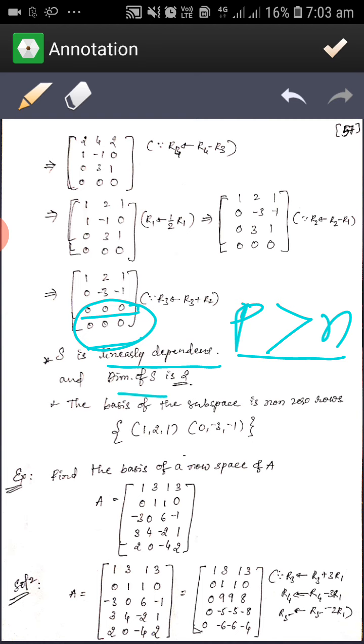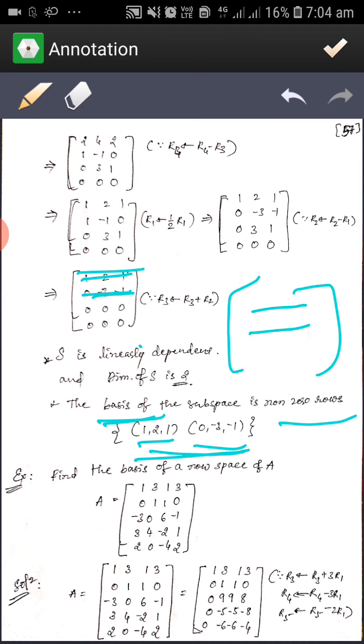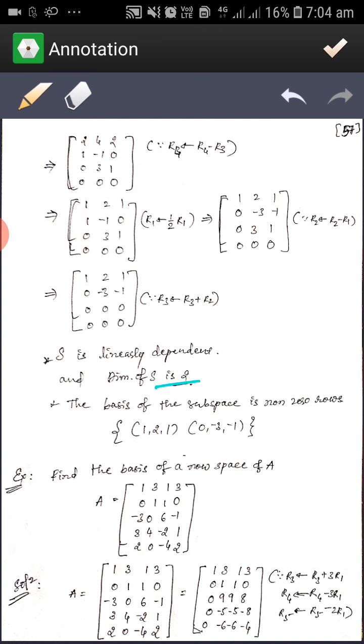Now the dimension is 2, that is, non-zero rows are 2, and also the basis. The basis is what remains when the row reduction is over and we can't reduce further. Here 2 rows are left, so these 2 rows we call the basis of the vector. After all the row operations, the final non-zero rows remaining are called the basis. The number of basis vectors is the dimension.